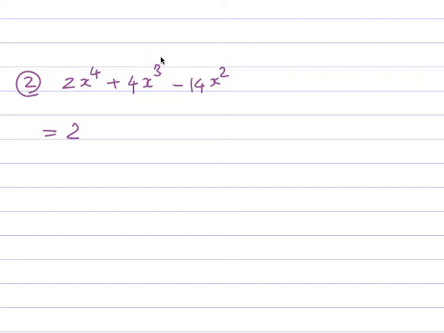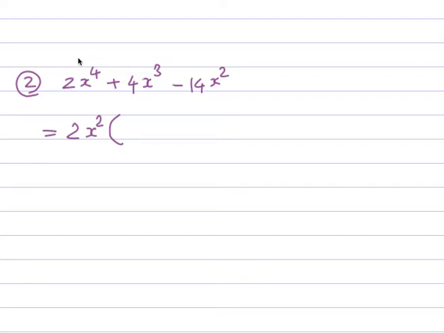Here x power 4, x power 3 and x power 2. So here the highest common factor is 2 times x square.